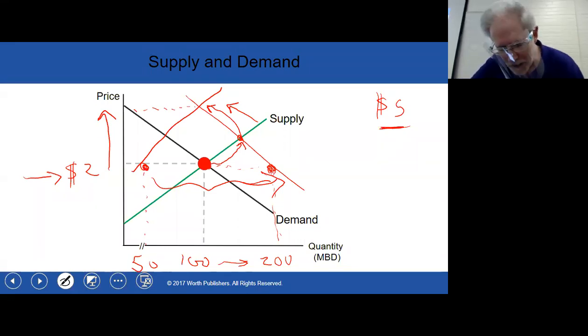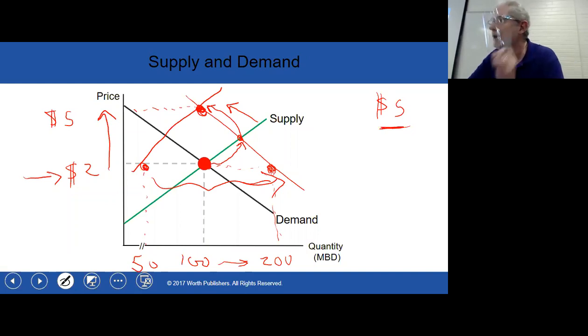What I want you to see is if we let the price go up, then it may go ahead and go up to $5. Okay? But at that new higher price, we can have an equilibrium. People are able to buy the gas that they want. They have to pay more for it, but they're able to get what they want.